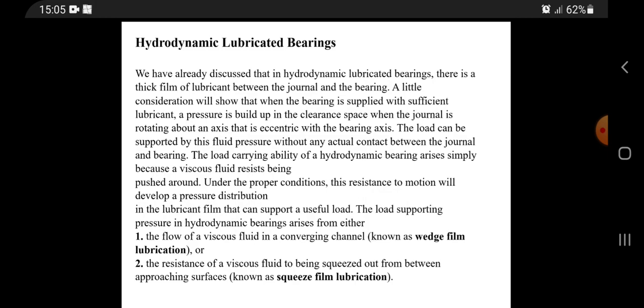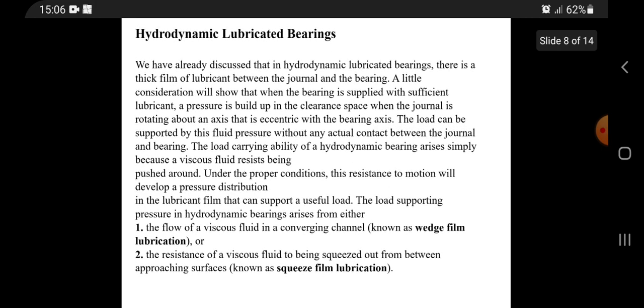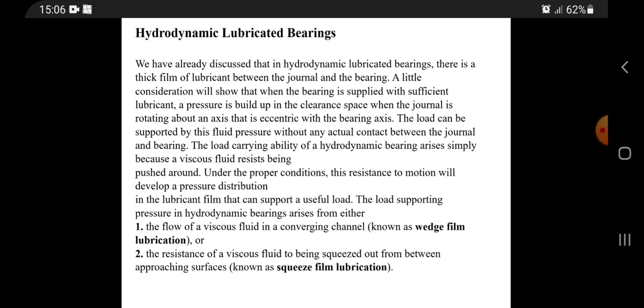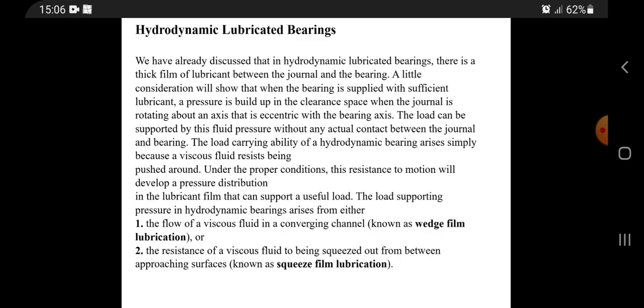A little consideration will show that when the bearing is supplied with sufficient lubricant, a pressure is built up in the clearance space. When the journal is rotating about an axis that is eccentric with the bearing axis, the load can be supported by this fluid pressure without any actual contact between journal and bearing. The load carrying ability of the hydrodynamic bearing arises simply because the viscous fluid resists being pushed around.